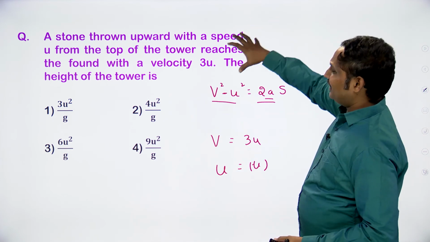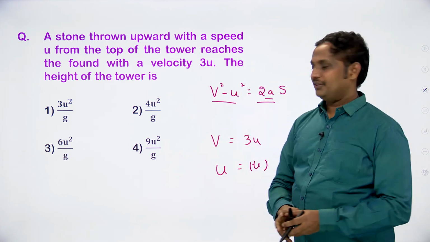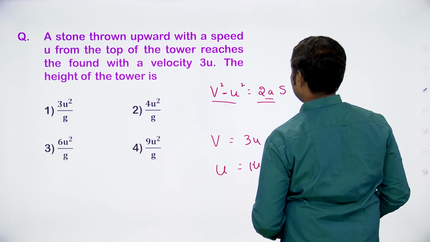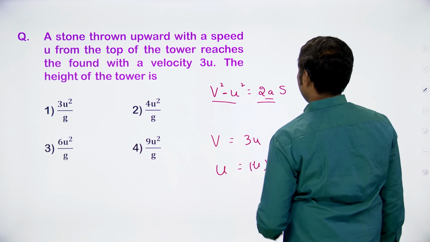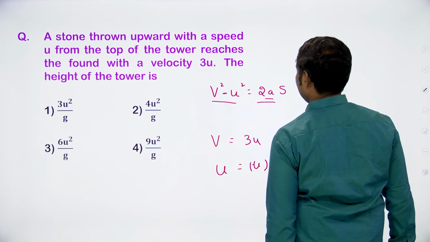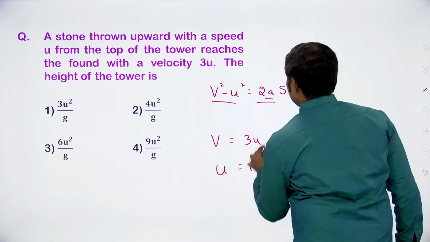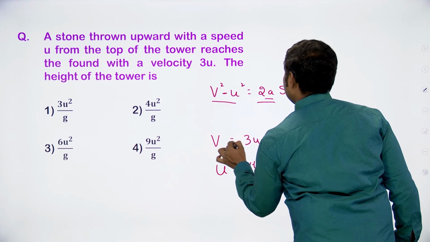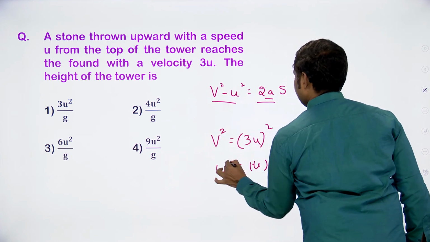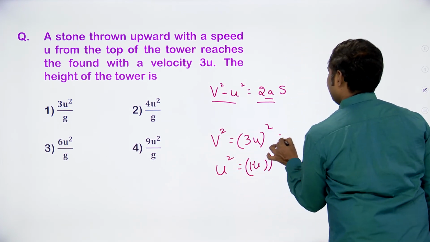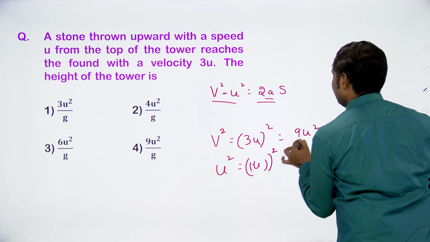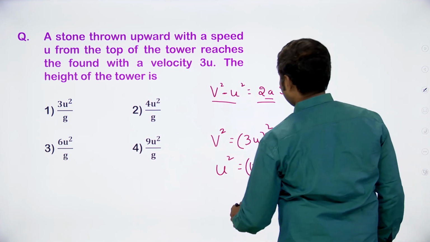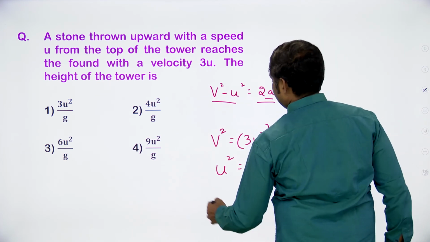Thrown up with a speed u from the top of the tower, we are going to consider this one, that is very clear, right. So we have nine u square, that is equal to u square, very clear.